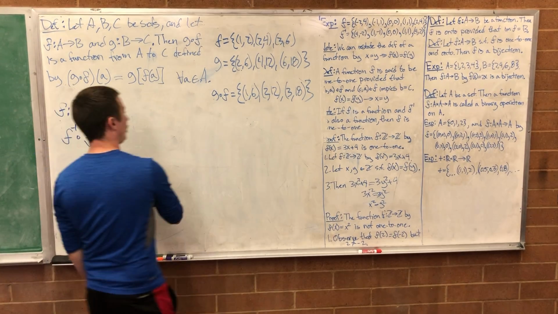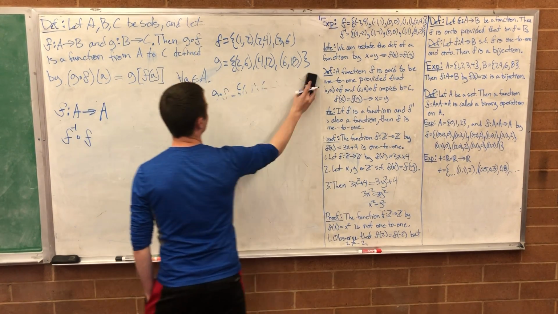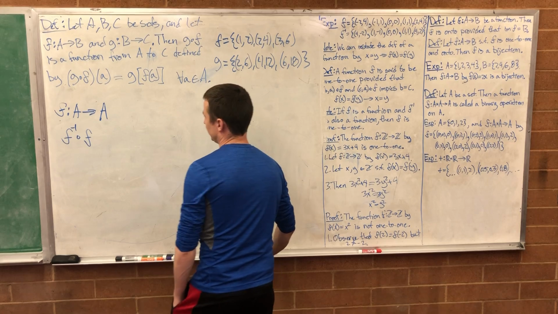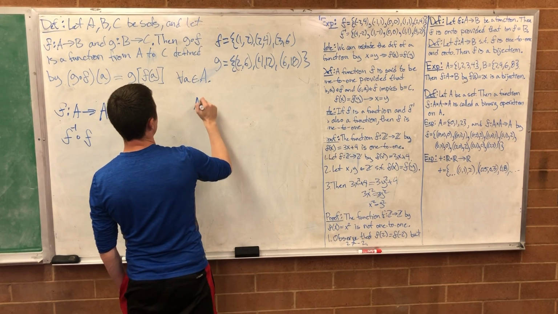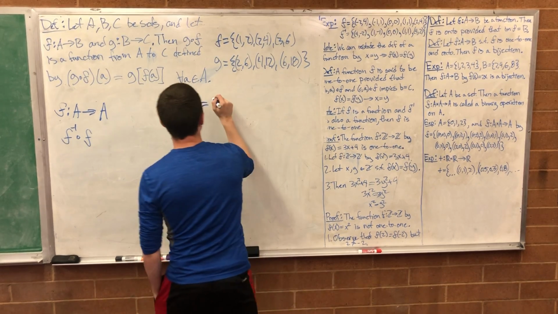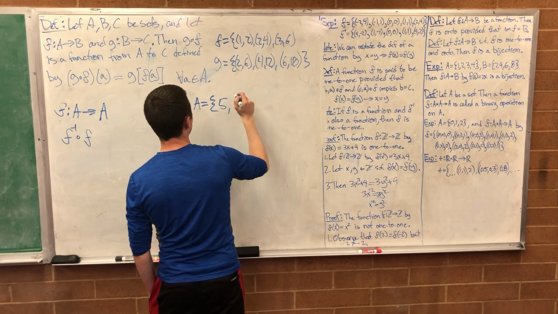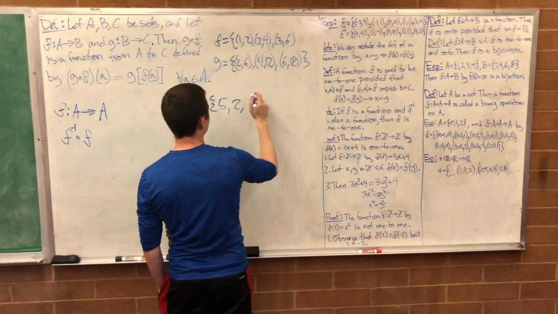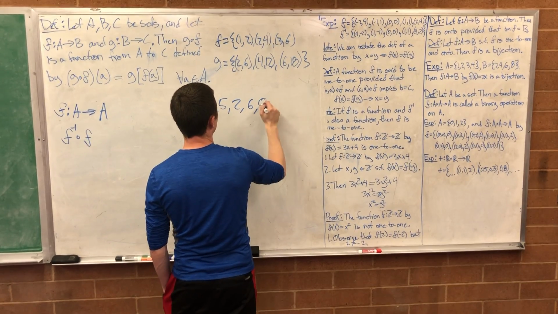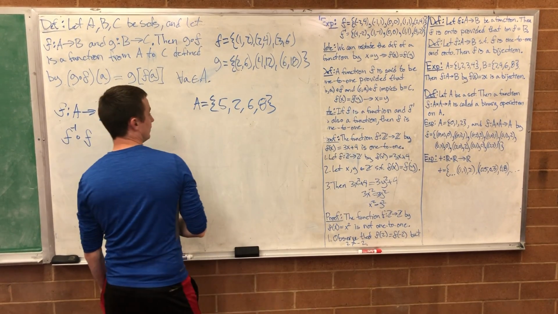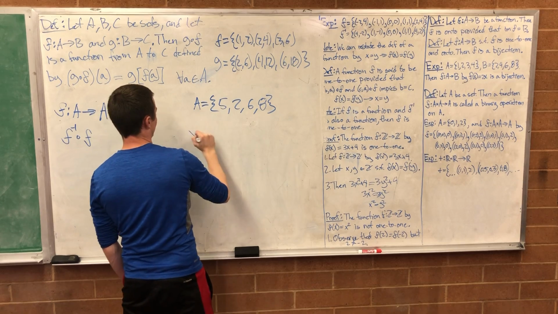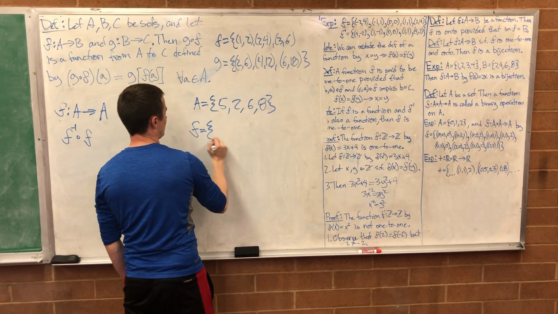So let's draw out a set real quick and see this in action. Let's pick some set A. Give me some elements. It's going to be equal to 5, 2, 6, 8. Alright, so we got 5, 2, 6, 8 up there. Let's make f the function.